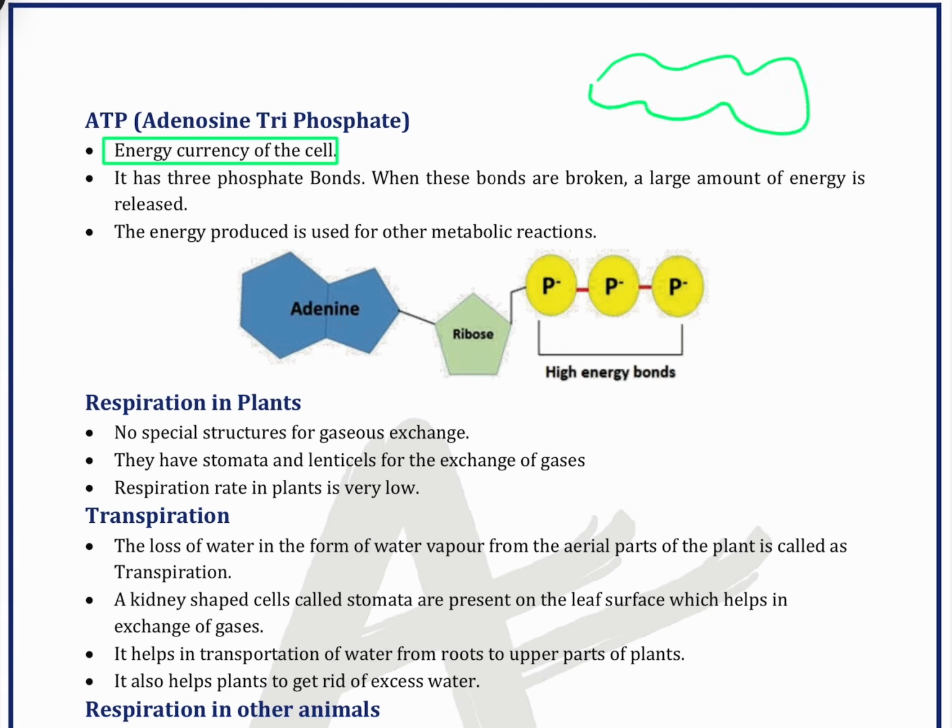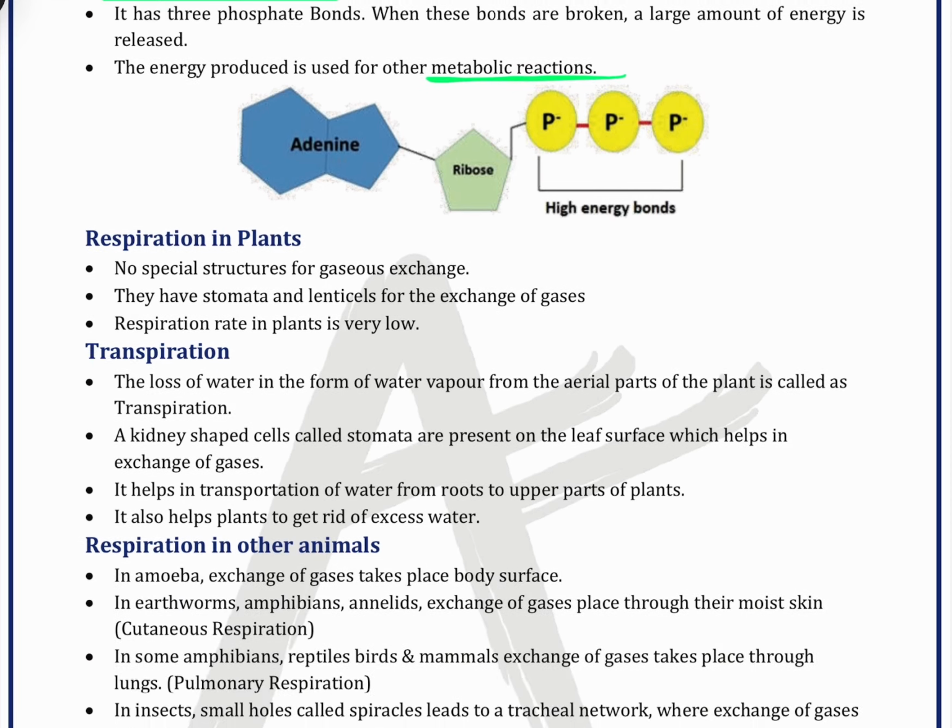Mitochondria is a structure like this, and ATP is stored in it. It has 3 phosphate bonds. When these bonds are broken, a large amount of energy is released. The energy produced is used for other metabolic reactions.